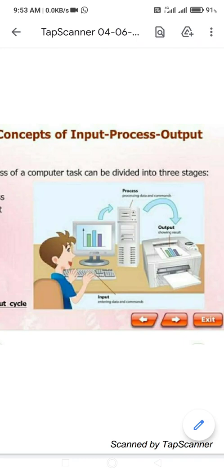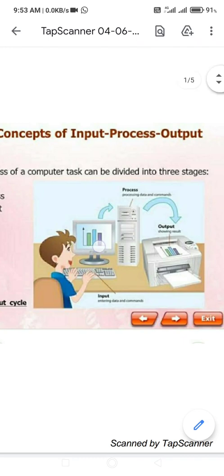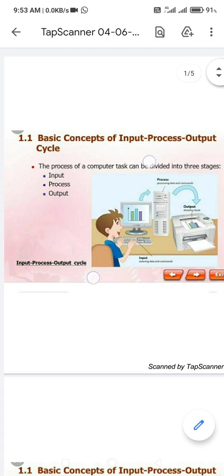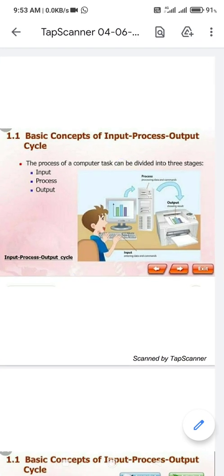A computer goes through 3 steps. That is input, process, output. Input means data and instructions given to the computer. Process means the action of converting the input into a meaningful result. And output is the result displayed by the computer after processing.